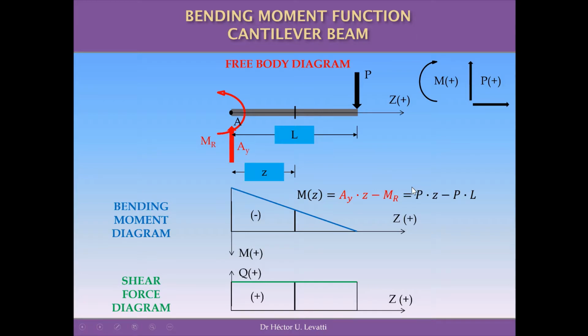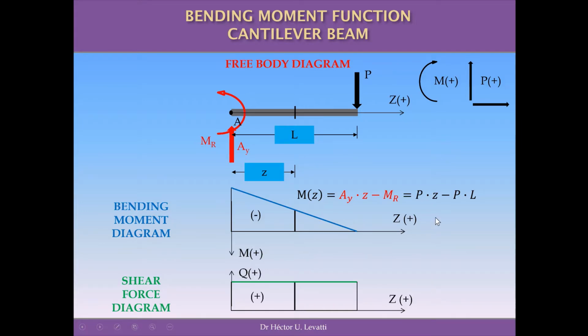But AY is equal to P, so we replace AY by P. We keep Z, and minus MR is equal to PL based on our previous calculations. So what you see is basically the equation of a line in this two-dimensional space where the horizontal axis of reference Z is located, as you can see on the screen.